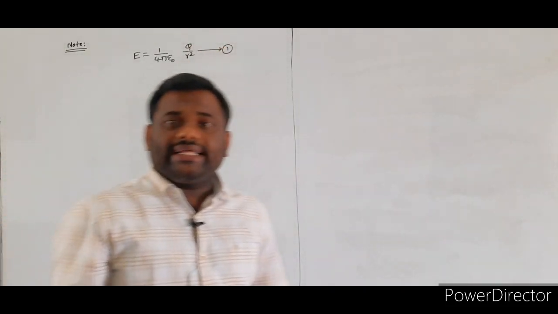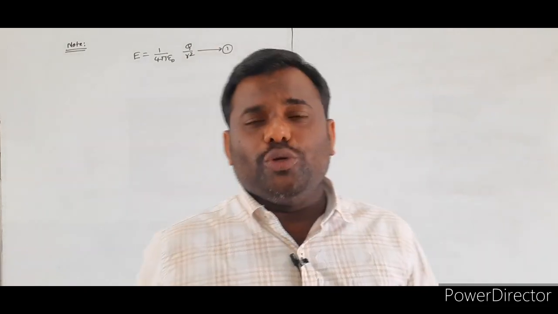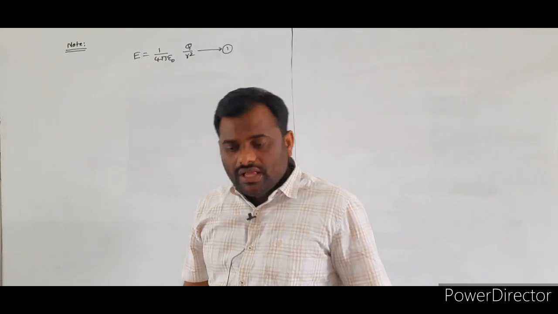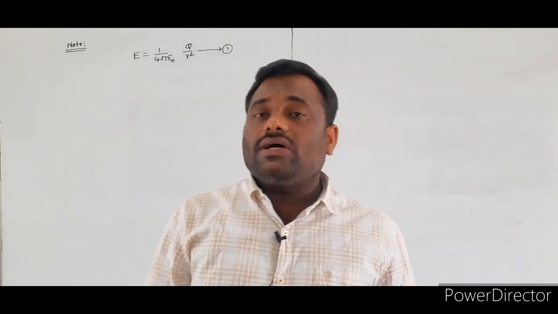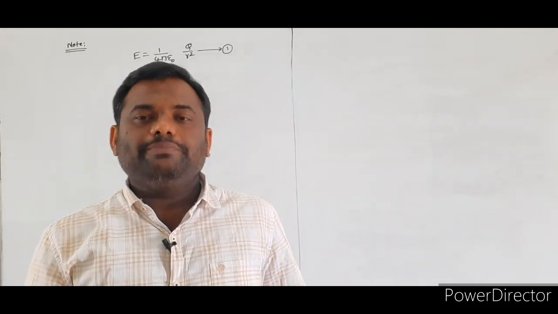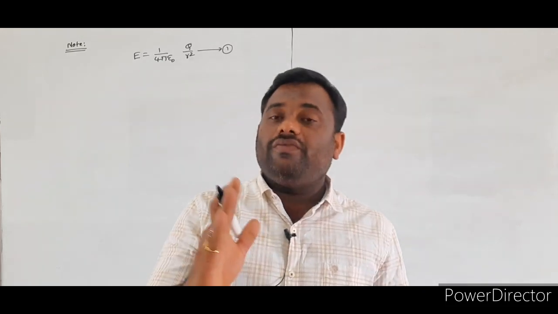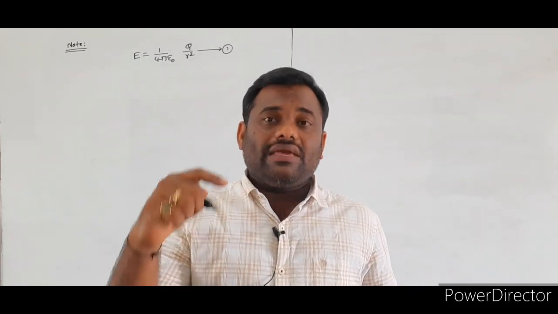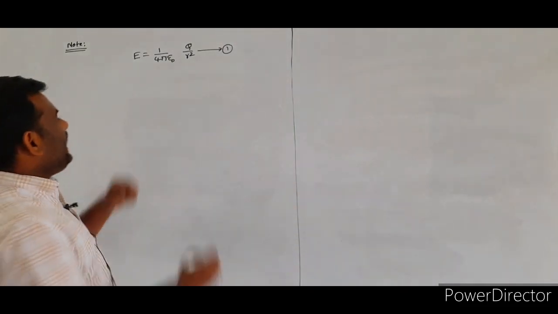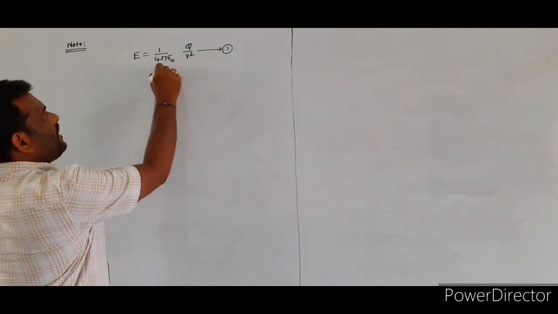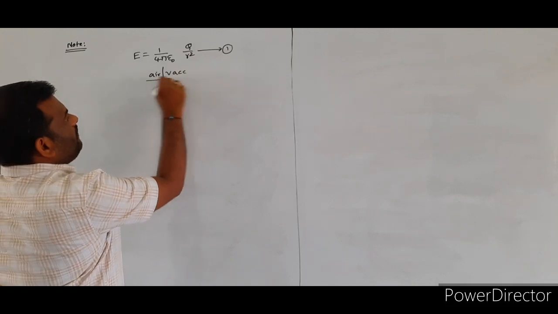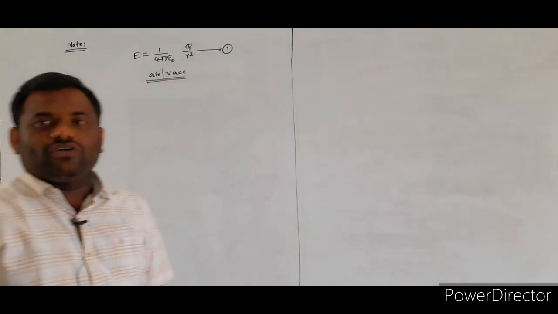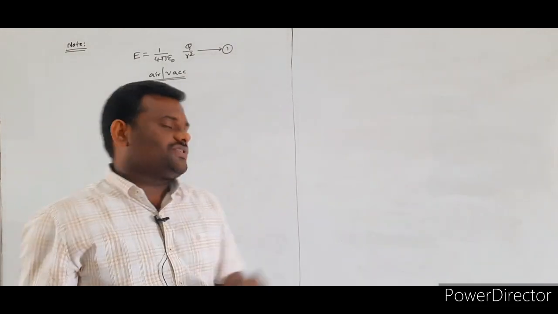When will we use this formula? Whenever the medium surrounding the given charge is either air or a vacuum, then only we have to use this particular formula, E is equal to 1 by 4 pi epsilon naught Q by r square.